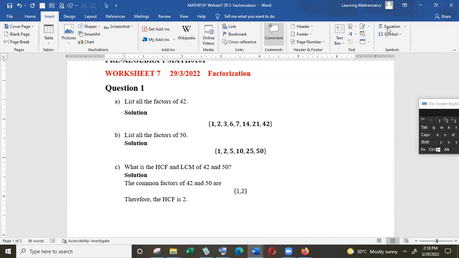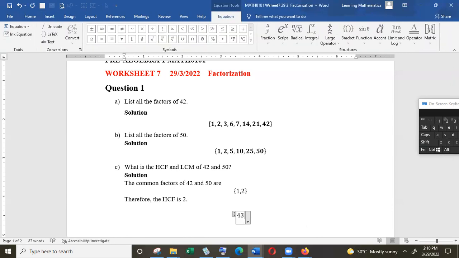So we prime factorize 42. 42 is equal to 2 times 3 times 7. 2 times 3 is 6, 6 times 7 is 42. So that's 42 right there: 2 by 3 by 7.